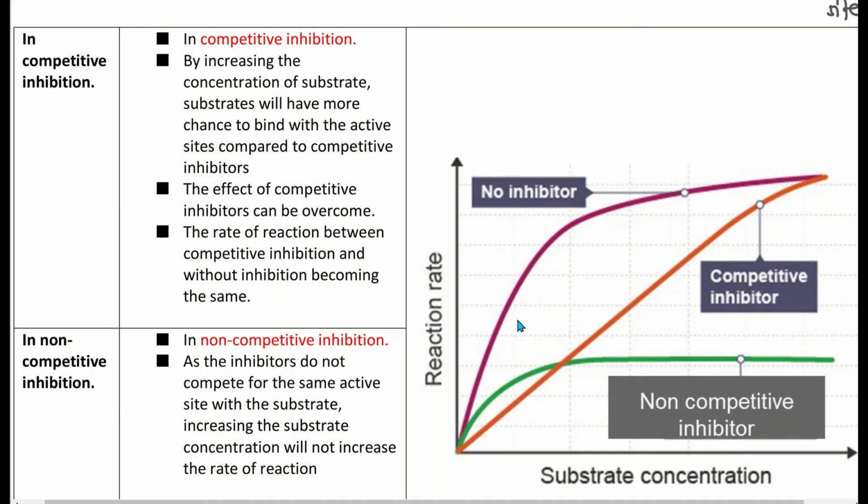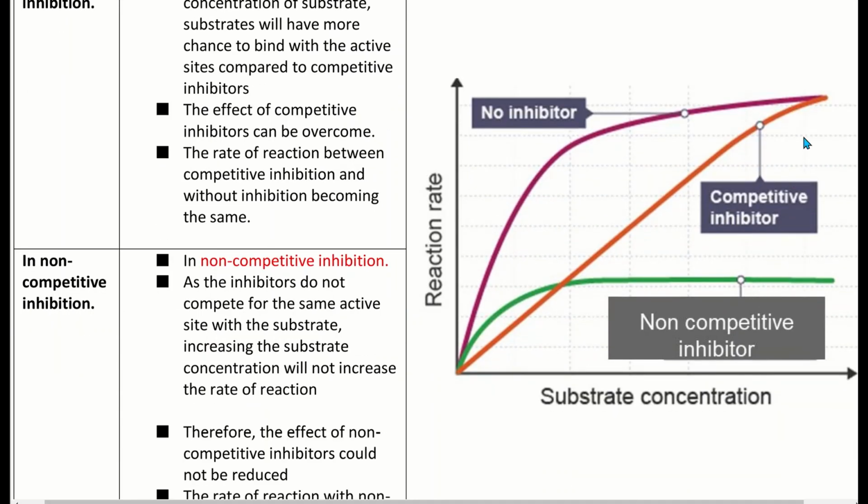Okay? Okay. So, yang ketiga, okay, non-competitive inhibitor ini dia punya maximum rate di bawah maximum rate no inhibitor dan competitive inhibitor. Okay, dia tak boleh langsung naik ke atas ni. So maximum rate dia dekat sini. Okay, kenapa?